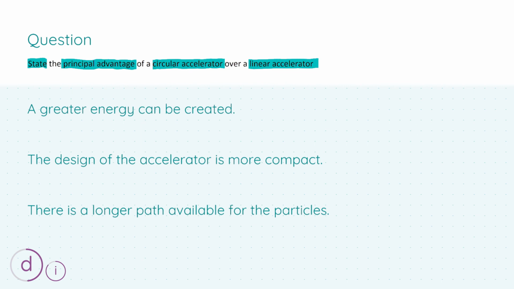This compactness means that something too massive to maybe build on Earth is actually not required to give the particles such large amounts of energy. We can just do this by making a circular accelerator.